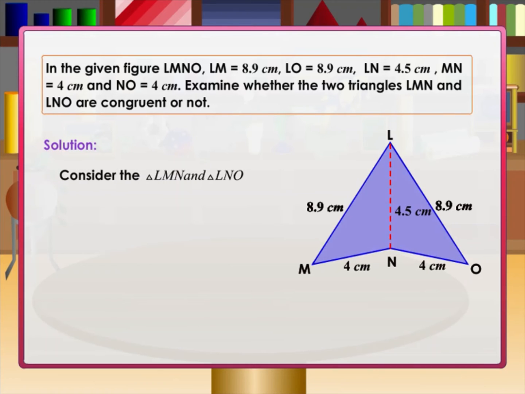Consider the triangle LMN and triangle LNO. LM is equal to LO is equal to 8.9 cm. MN is equal to NO is equal to 4 cm.